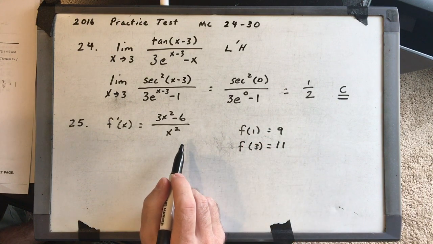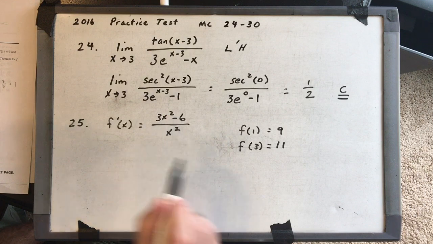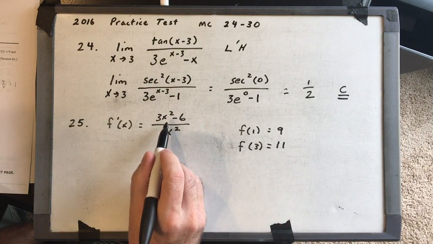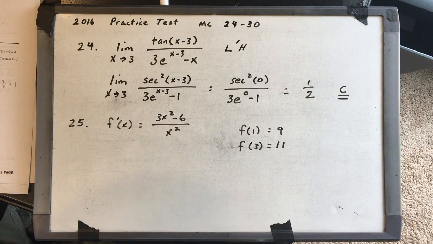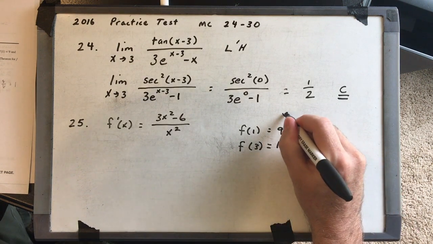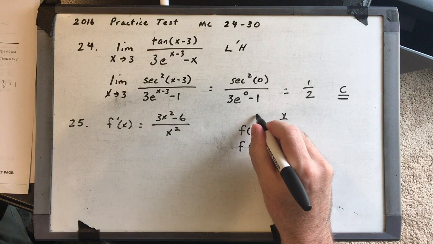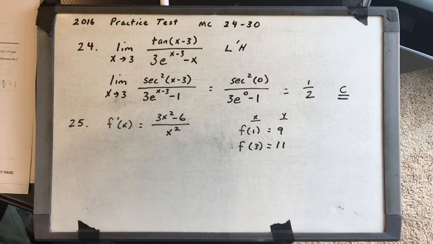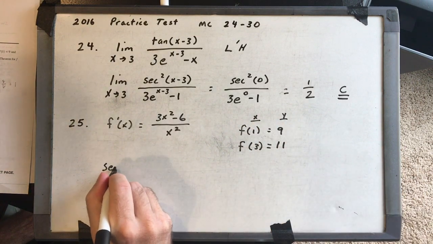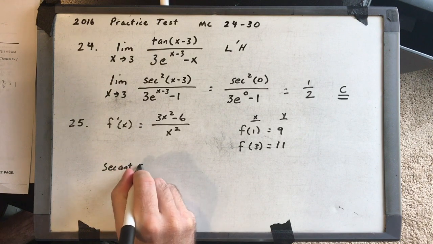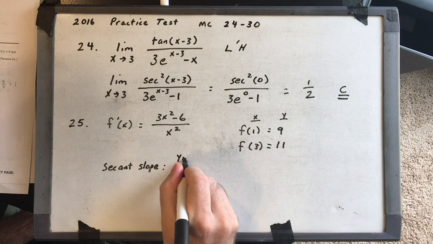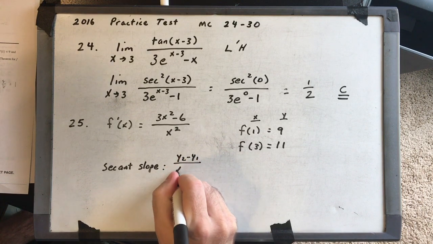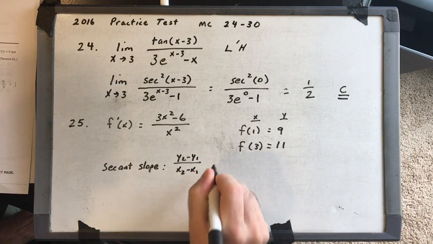And then I can set our derivative equal to that slope and see what value for x gives me the slope of the tangent line equal to the slope of the secant line. So this would be our y values. These are our x values. So our secant slope is just going to be y2 minus y1 over x2 minus x1.